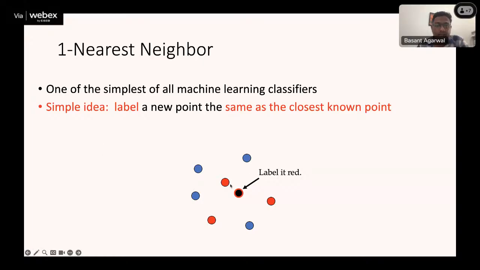In this example, you can see the new sample in black, and the closest sample is this red one. Since the closest sample has red as its label, we'll label the new testing sample as red.